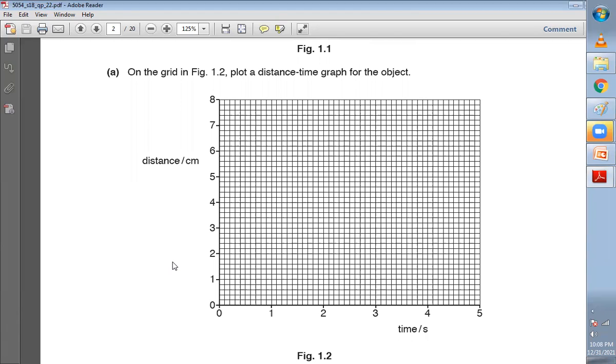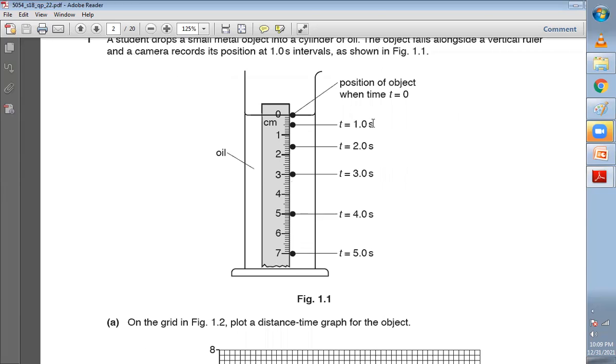So here we have to draw a distance time graph. Here you can see the distance which the ball has covered inside the oil is represented. Here we have the time in seconds: 1 second, 2 seconds, 3 seconds, 4 seconds, 5 seconds. From this, I can tell you that at 0, the position was 0.